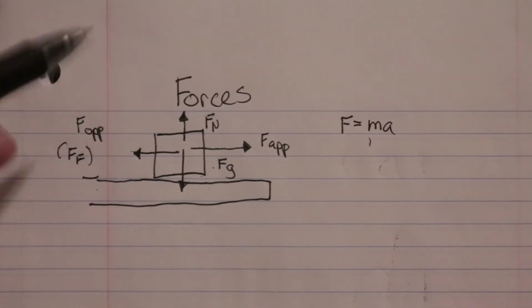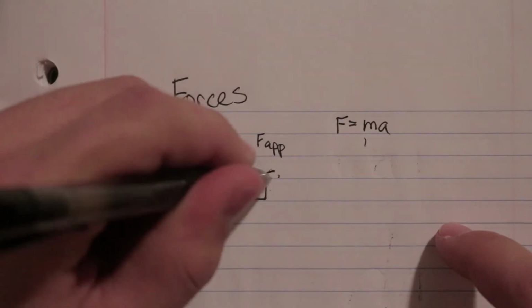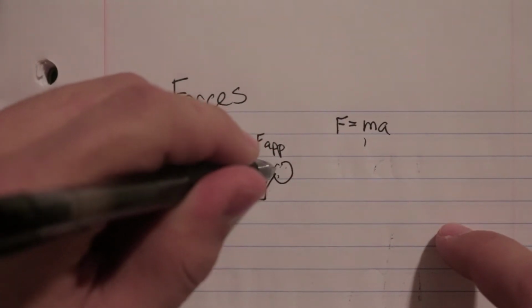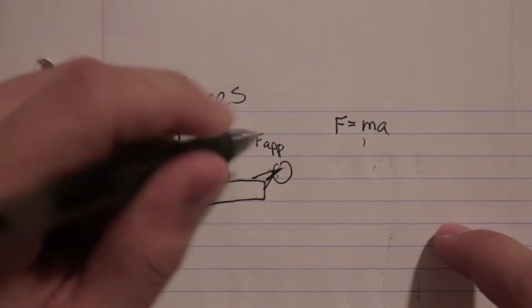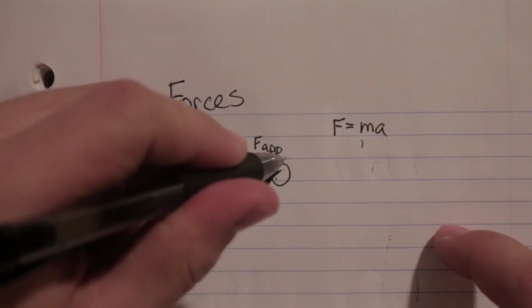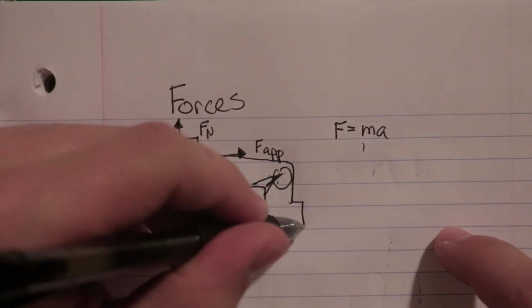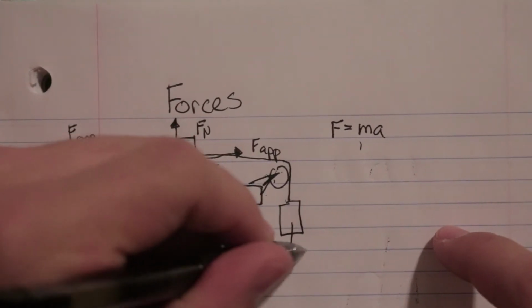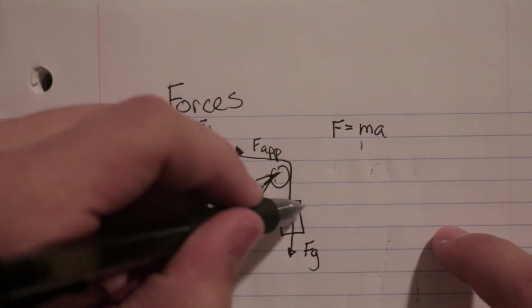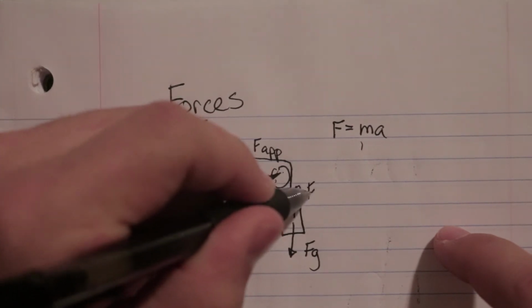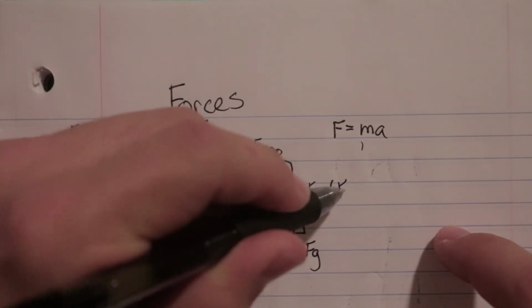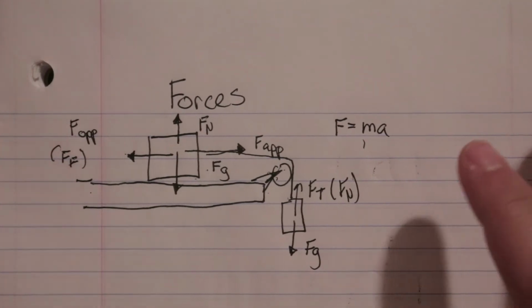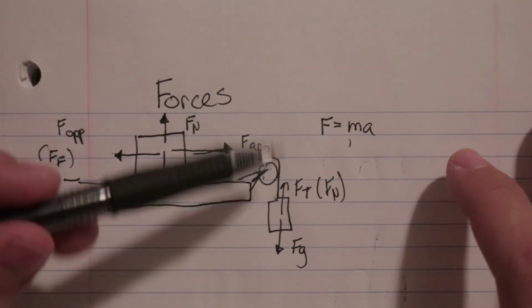Okay. And so in physics, the way my class did it, the easiest way to get a consistent force applied is to just take a pulley with a string and you put a mass on the end. And this mass is going to be affected only by force gravity. And then there's also force tension, which is pulling this.